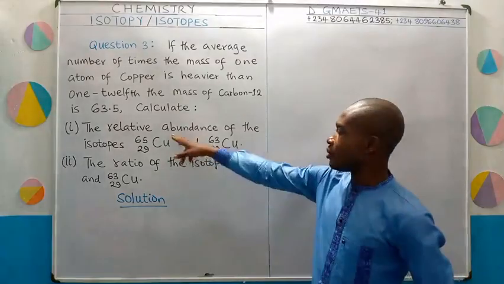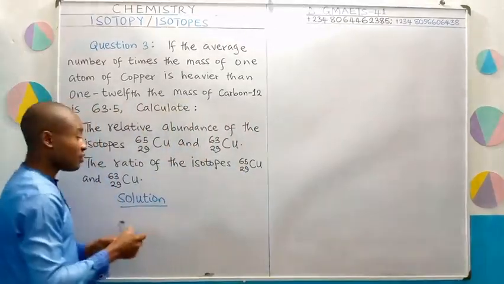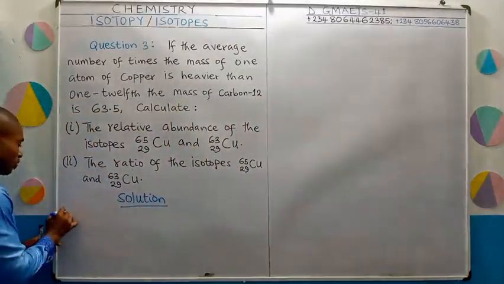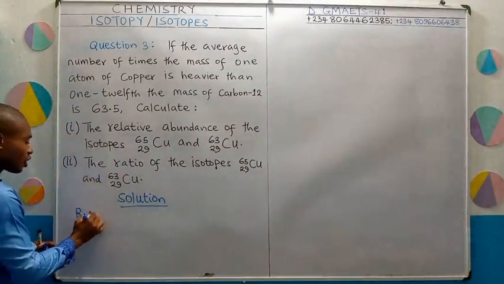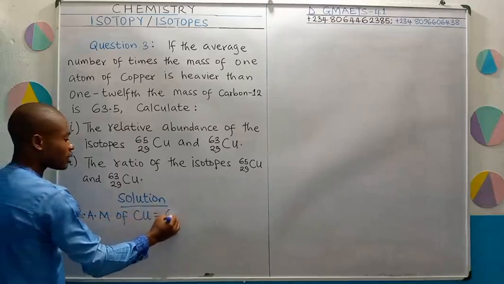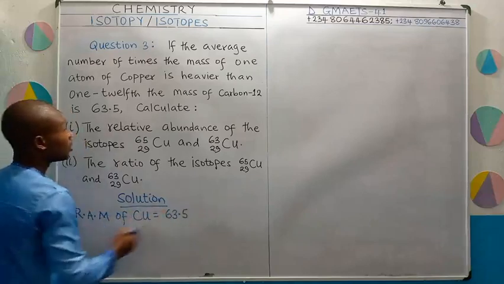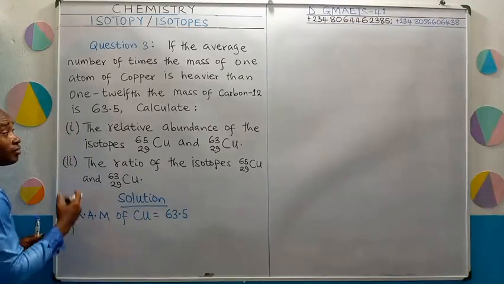Alright, now how do we determine the relative abundance of the isotopes? Let us see how we go about that. They didn't give us any relative abundance in the first part of the question, but before then, let's bring out what we know. From the question, we know the R.A.M. of copper. R.A.M. of copper given to us in the question is 63.5. Alright, now in the first part of the question, we are asked to find the relative abundance.